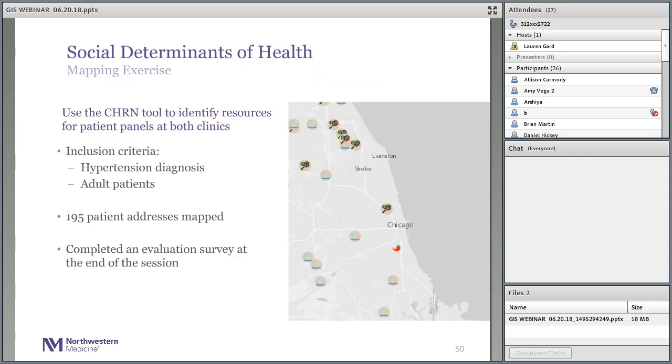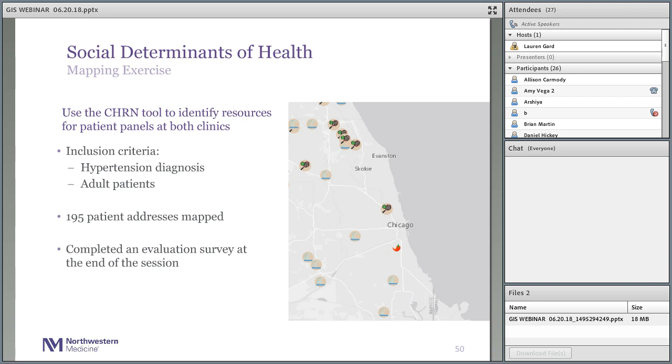So we started this pilot project by identifying a subset of patients. We chose adult patients with hypertension. The residents were provided their own personal panels of adult patients with high blood pressure, patients for whom they were listed as the primary care physician.